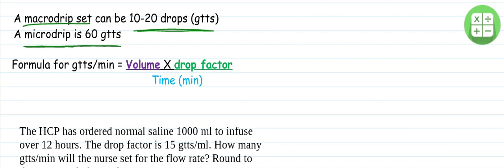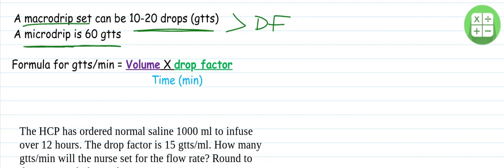So most of the time in these problems, it's going to tell you what the set is. It's going to tell you the drop factor. This is called the drop factor. If it's a macro drip set, it's going to be specific. It'll tell you if it's 10 drops, 15 drops, 20 drops. But micro drip is usually always 60.